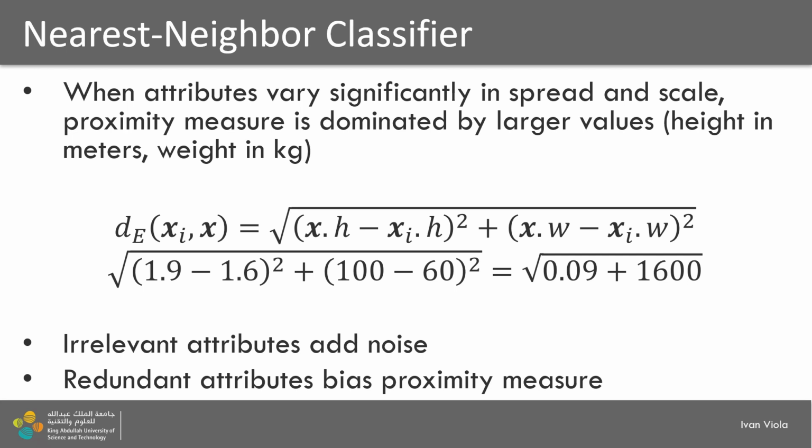It is also important to state and characterize that the nearest neighbor classifiers might prove problematic when our attributes in the attribute space of our dataset significantly vary in spread and scale. So you can imagine that if we have a certain record, maybe medical record of persons, then we can have, for example, height defined in meters and weight defined in the kilograms.